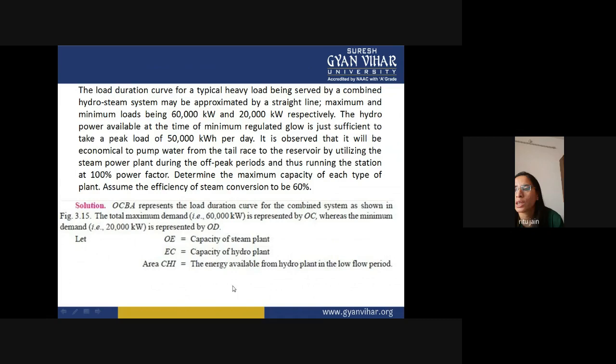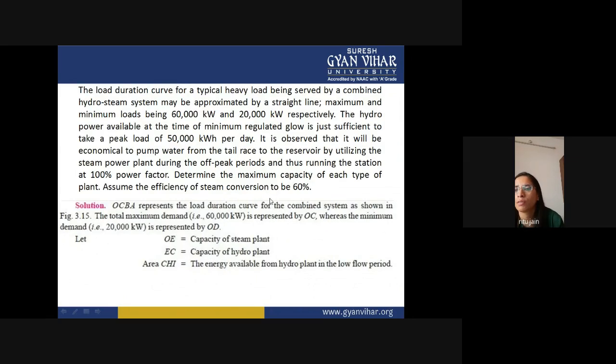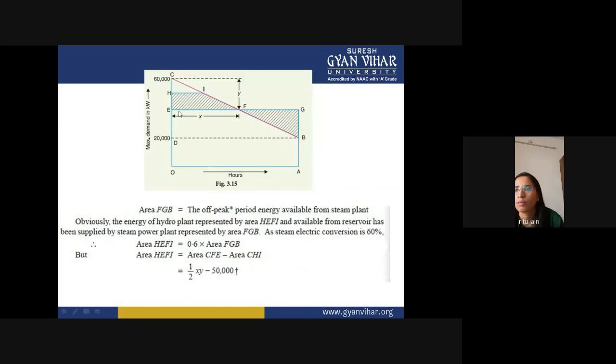And the area CHI represents the energy available from the hydropower plant in the low flow period. If flow is low, then this is the energy which is available to the hydropower plant, CHI.